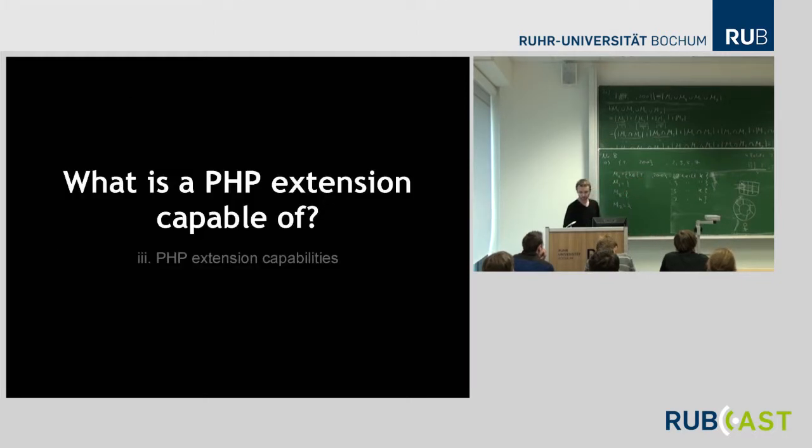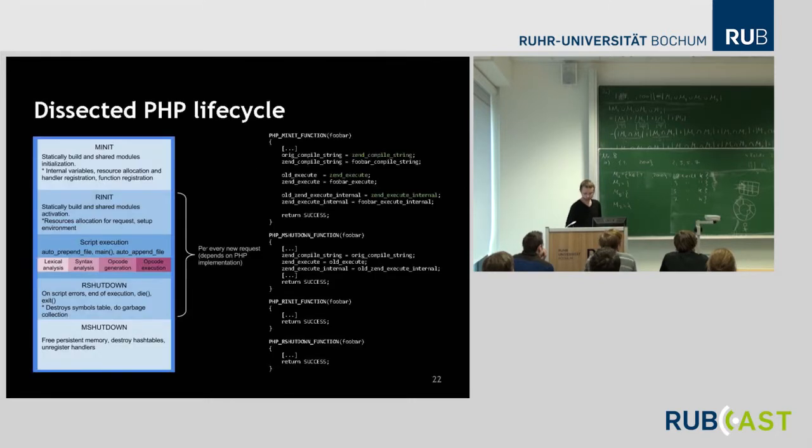Well, yes. So, what is a PHP extension actually capable of? What can it do? First of all, I have to tell you about PHP internals a little bit. It's just a tiny chunk, because the whole topic of PHP internals is really huge. Imagine if one writes a book about that, what can one tell in one slide, but still, I will try. So this is the life cycle of a PHP extension.